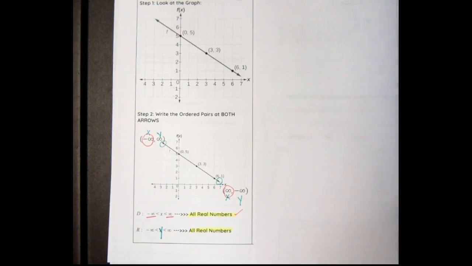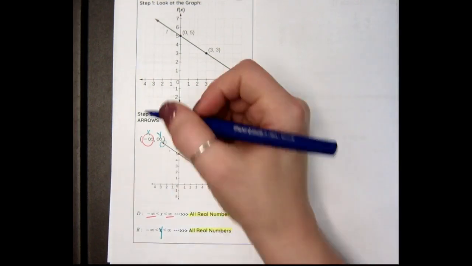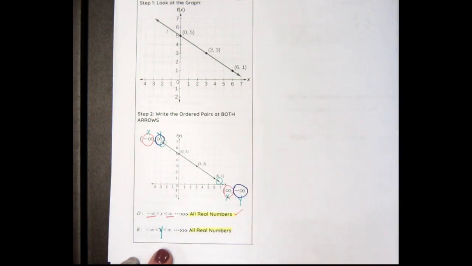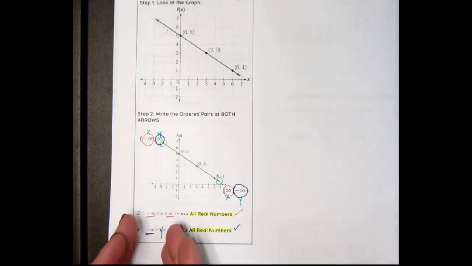So when I look at my y values, I have positive infinity and negative infinity. So I put the negative infinity over here, remember, because we always do the least, and my positive infinity over here, because that's the greatest. When I have an infinity on both sides, it's called all real numbers, because everything all the way to negative infinity and everything all the way to positive infinity works. Therefore, we say all real numbers.